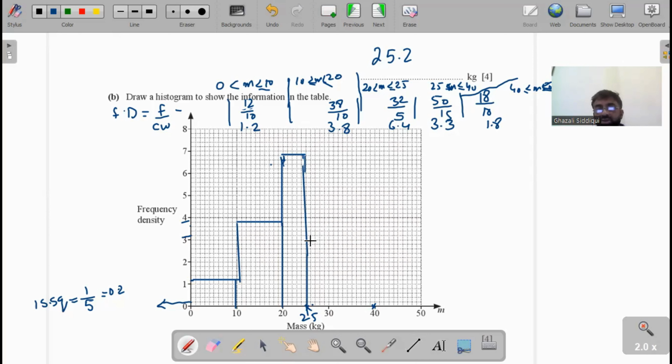Last is 40 to 50, with 1.8. Okay, and this is the histogram of the above table.